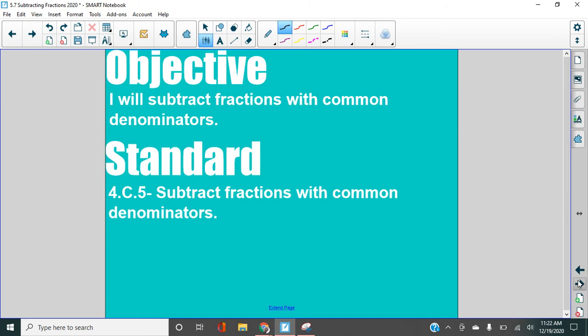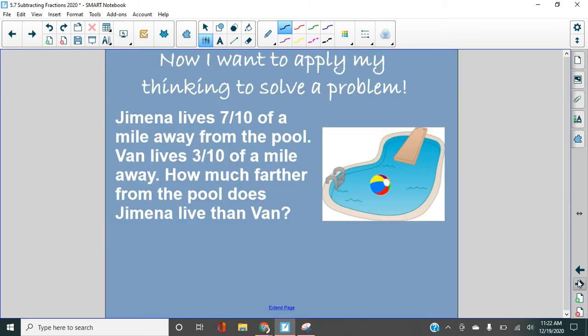Okay. All right. So when we use this in a story problem, now I know that today is called subtracting fractions, and so you know they're all going to be subtracting fractions, but I want you to think about why, right? These are going to be problems that ask us to find the difference between two things. Jimena lives 7/10 of a mile away from the pool.